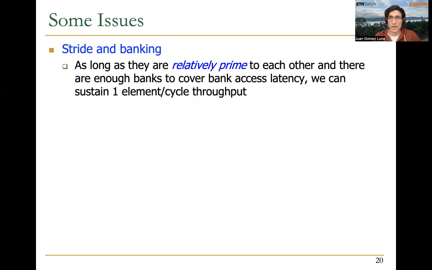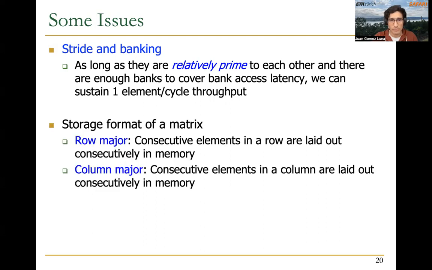There are ways of avoiding bank conflicts, but let's say that the only way that we know that there is not going to be a bank conflict is when both stride and number of banks are relatively prime. For example, 1 and 16 are relatively prime, or 3 and 16 are relatively prime, but 2 and 16 are not relatively prime.